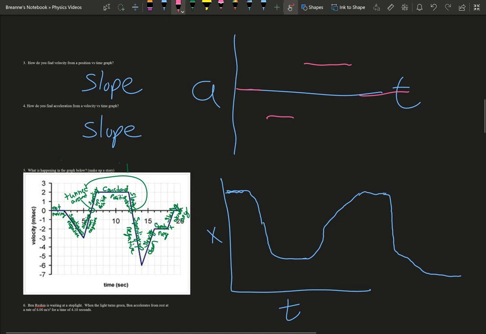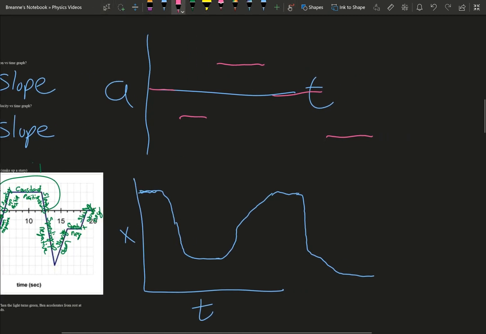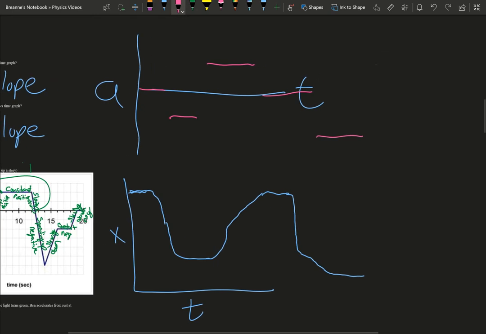It's all a negative slope. Positive slope. It's a positive slope. Little tiny zero slope. Another positive slope.